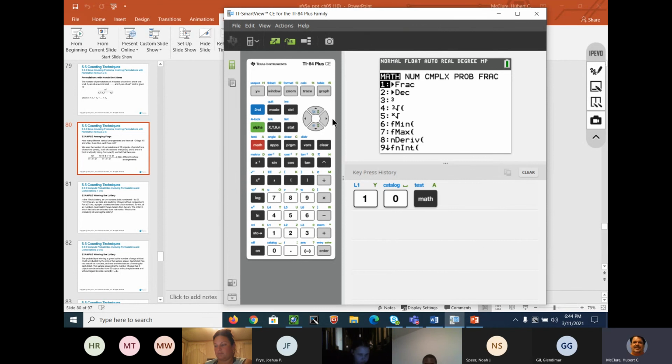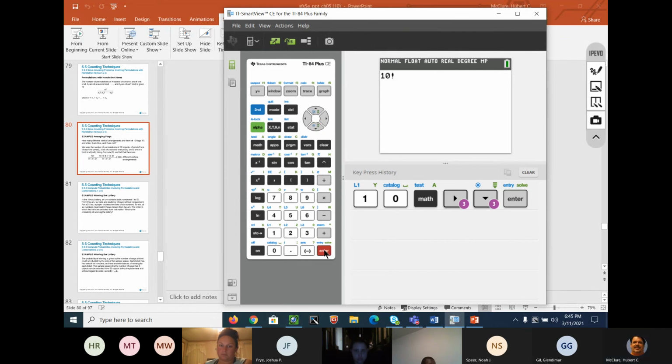Math, and factorial and enter. Now that's a big number. So I'm going to stow it. Stow means store. And I'm going to store it. It's a numerator, so I'm going to call it alpha.